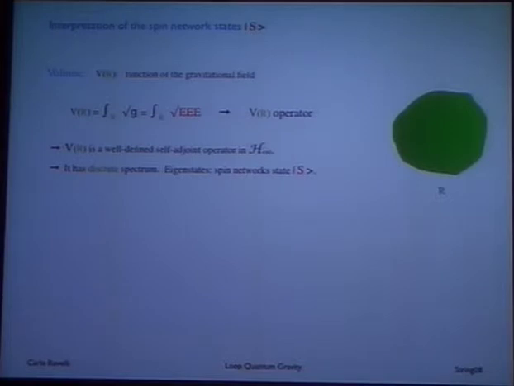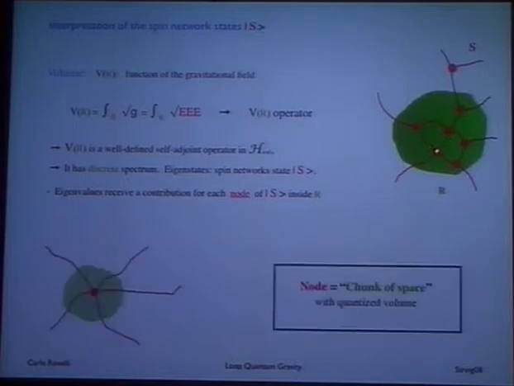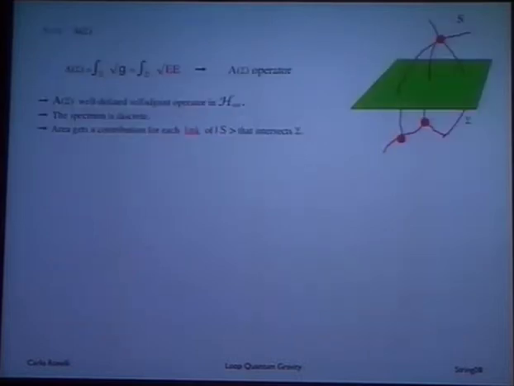One can study the spectral problem. The spectrum is discrete, and the eigenstates are the spin networks. What is interesting is that the eigenvalue of the volume gets a contribution from each of the nodes inside the region. So you can think of each node as a contribution to the volume, a quantum of volume. The same game can be played with the area.